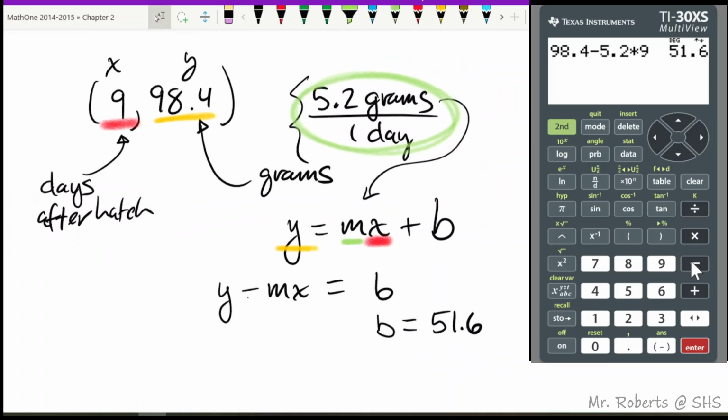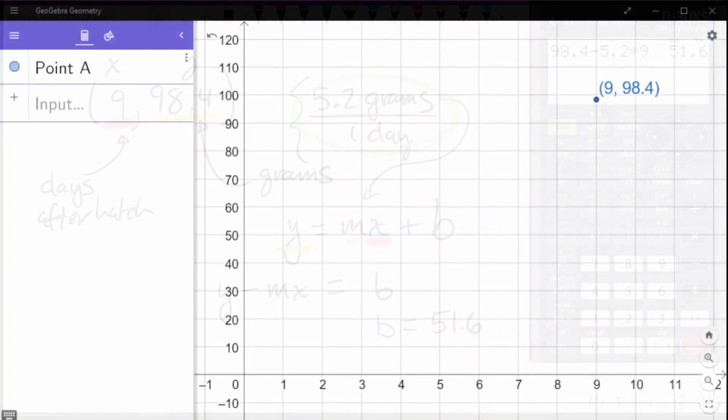Now let's type our equation back in Desmos. I lied, it's GeoGebra, not that it matters.